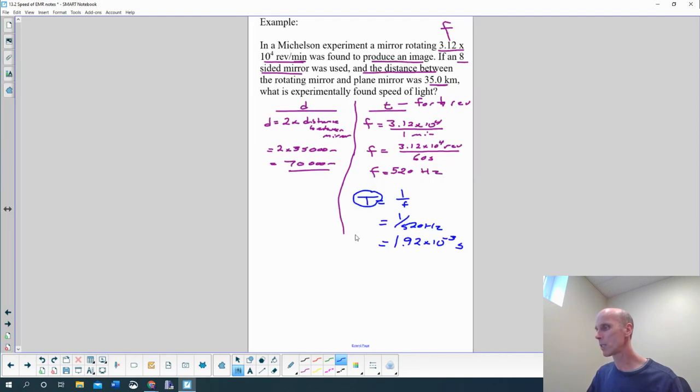But remember, in this experiment, it didn't get a chance to spin all the way around. It only had a chance to spin 1/8 of a revolution. So let's finish this off with a calculation of the time for 1/8 of a revolution. So 1/8 of the period is the time we're looking for. So the time is 1/8 of the capital T period.